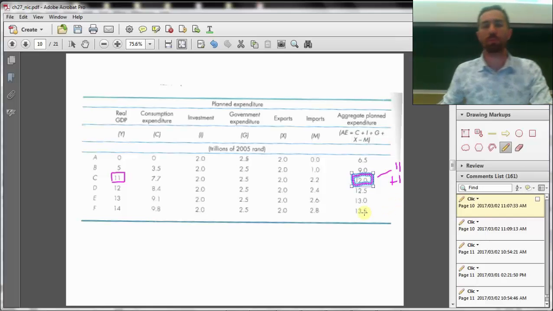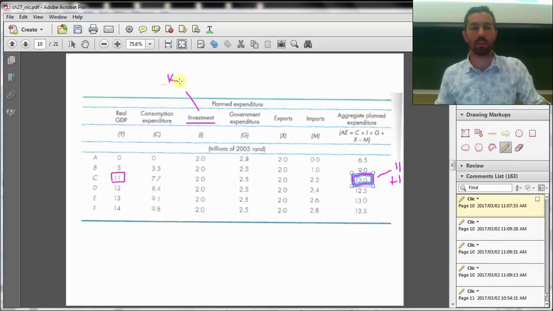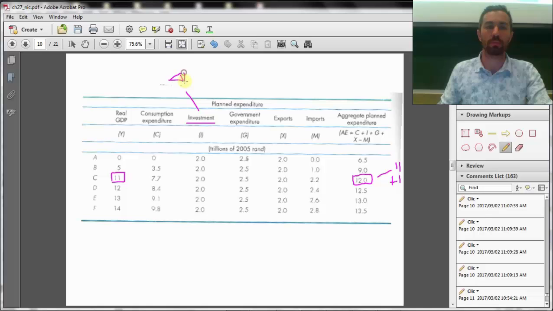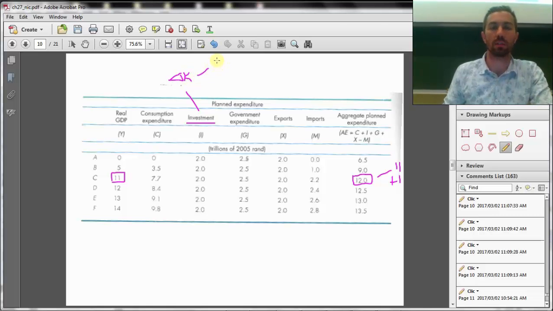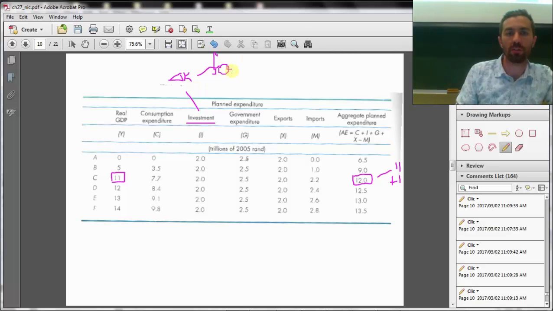How did we get inventory? Well, for example, when a firm invests, remember that there are 2 components to investment. Put it this way, investment is a change in capital, and a change in capital includes 2 things. A change in, for example, factory equipment.